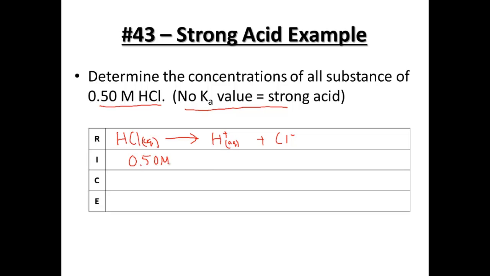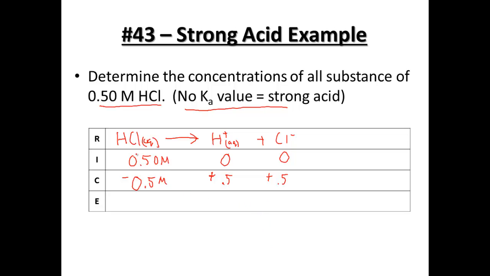Now, initial concentration: 0.5 molar HCl, and before we start, no hydrogen ion or chloride ion in solution. And our change in concentration: it completely ionizes, so we lose our 0.5 molar, and we gain 0.5 molar on each side.